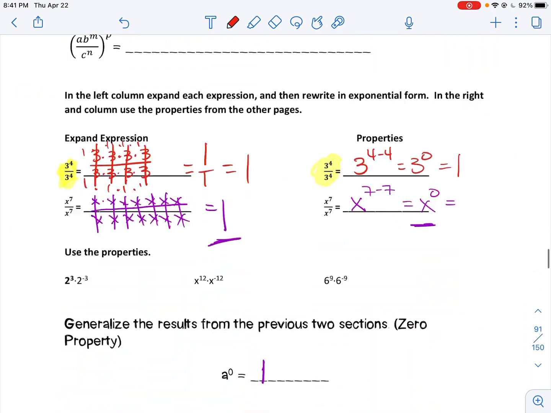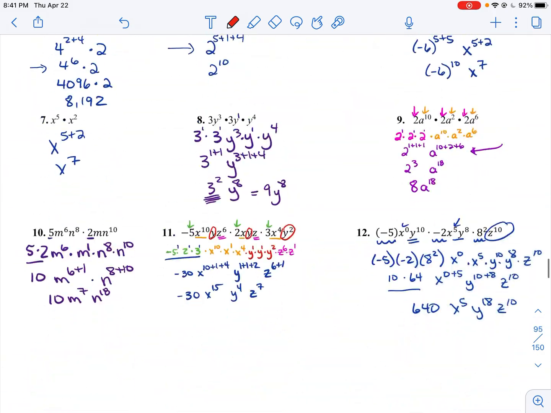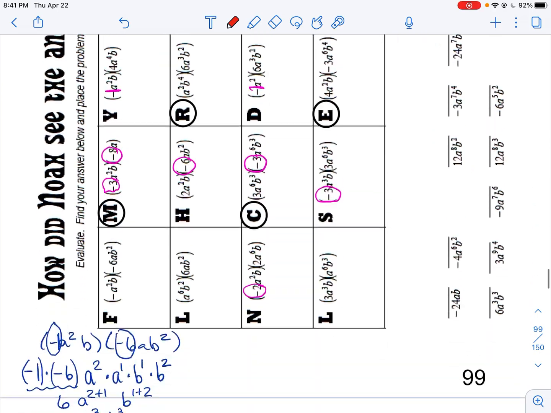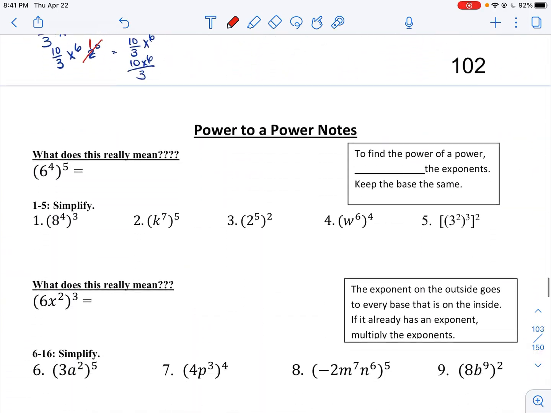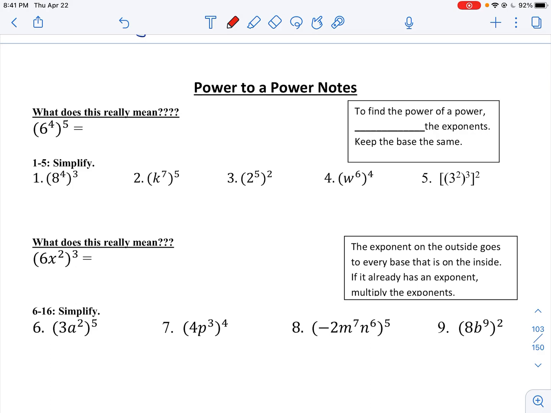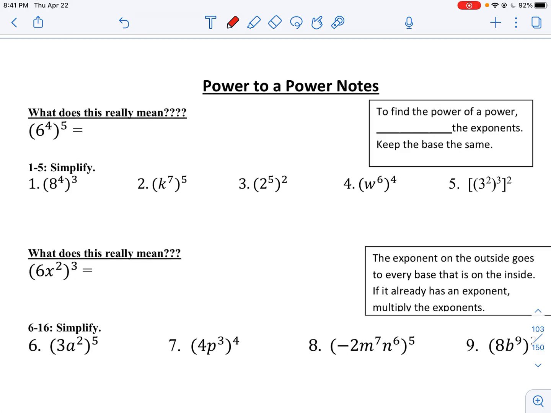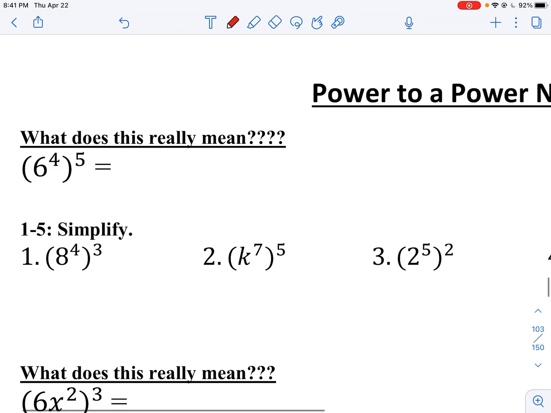Now we're going to go to 103, I believe. We just talked about this and what it means.